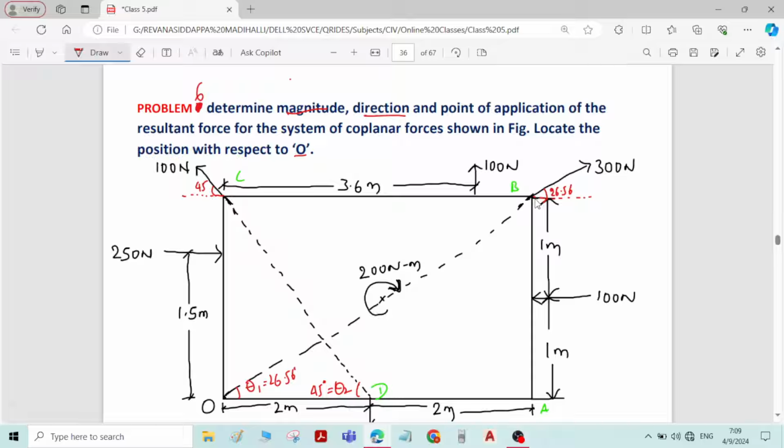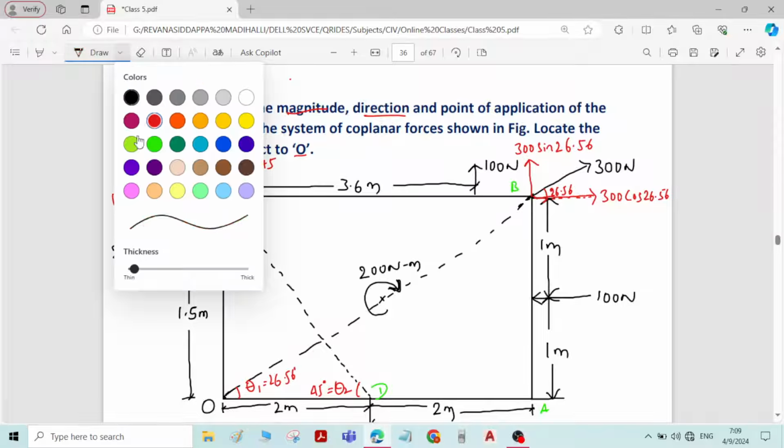Therefore for 300 Newton force, horizontal component is 300 cos 26.56, vertical component is 300 sin 26.56. For 100 Newton force, horizontal component is 100 cos 45, vertical component is 100 sin 45.